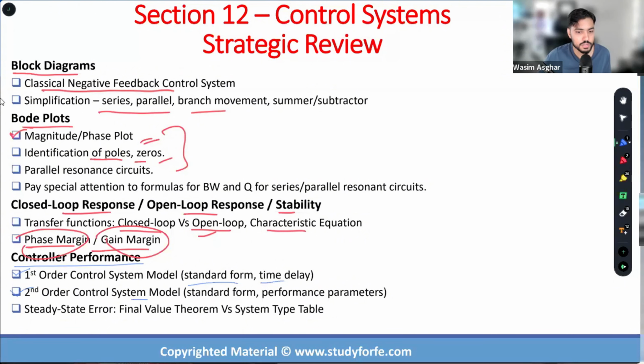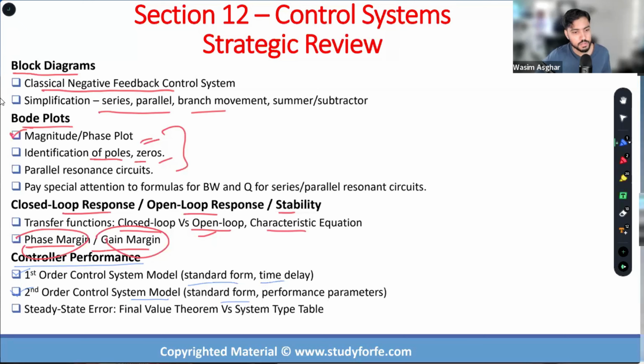Second order control system model, again, they provide you a standard form. And then on top of that standard form, you have performance parameters, things like the peak time, settling time, and so on. Now, we may have to manipulate these equations and check out the NCEES sample exam for some examples.